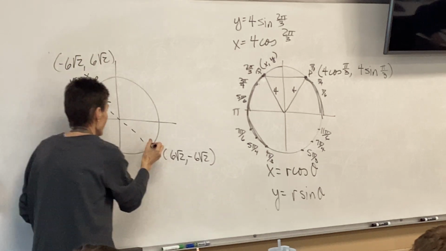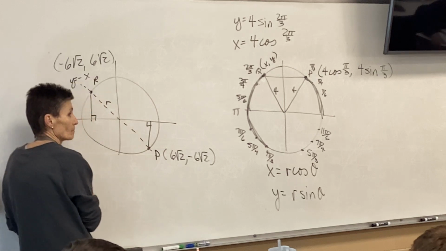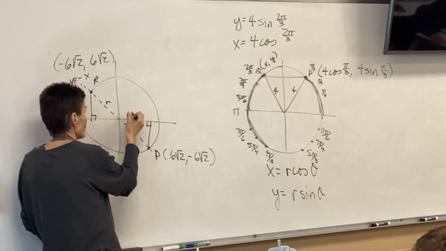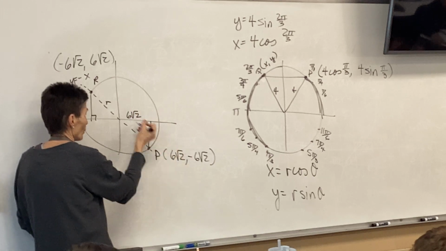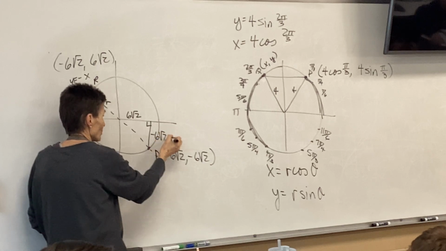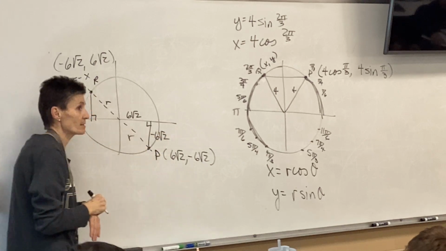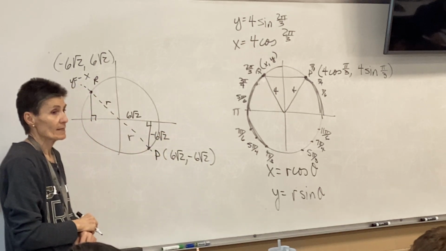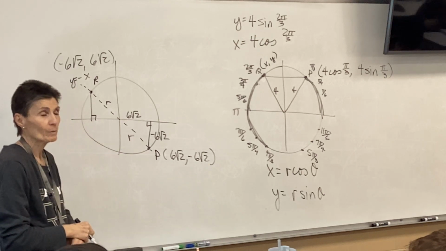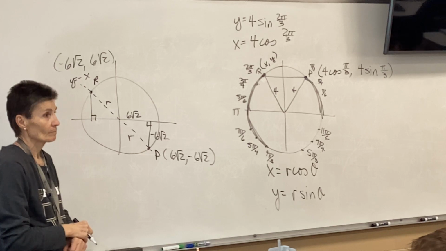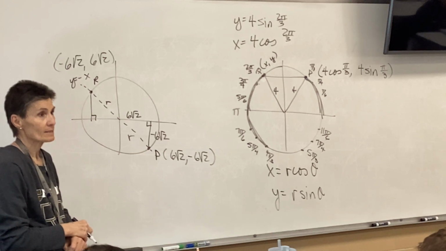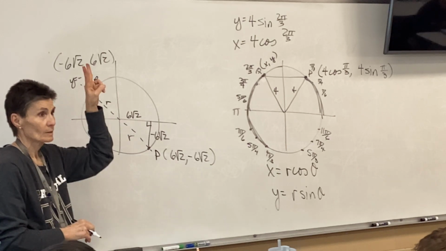So, at any rate, here's my triangle. I'm looking at point P, that's the one he gave me. I know the x coordinate is 6√2. The y side is negative 6√2. And our job is to find the radius. Do not overthink this problem. How are we going to find the radius? Pythagorean theorem. Absolutely. How many sides of the triangle do we know? 2.